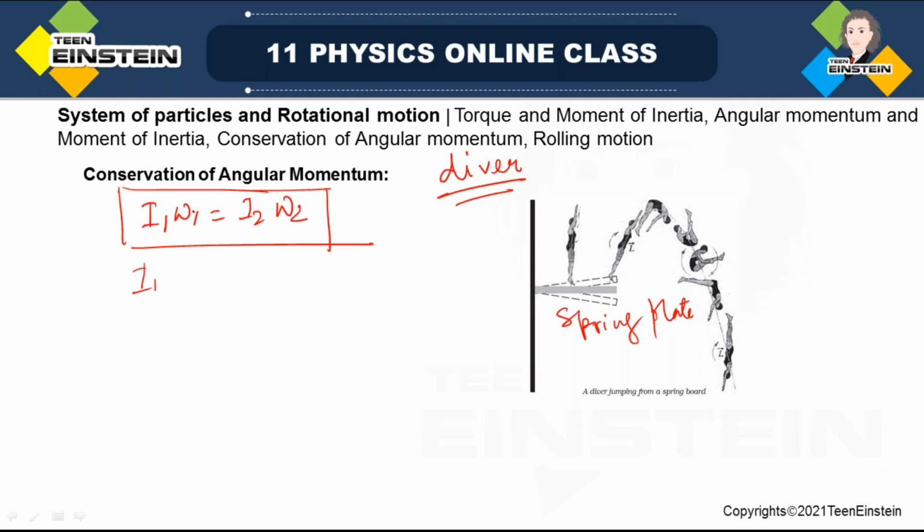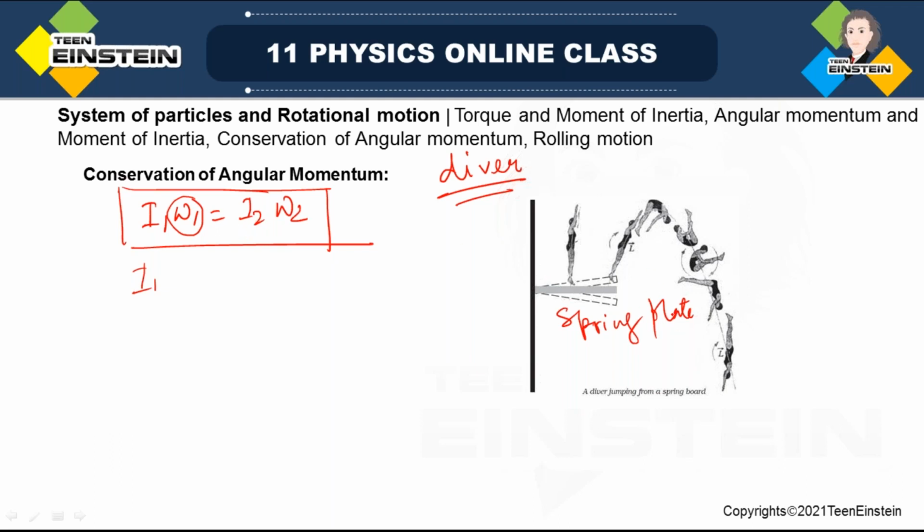What does it mean? It means that by changing the moment of inertia, you can control the angular velocity. By changing the moment of inertia, we can change the angular momentum, and directly we are changing the angular velocity.